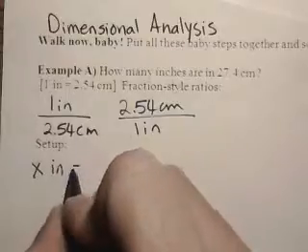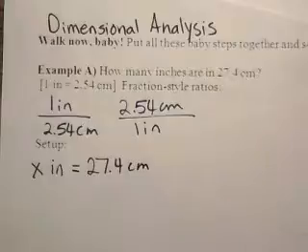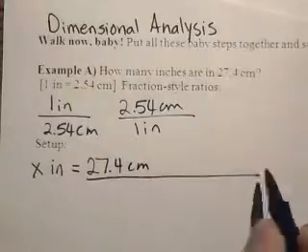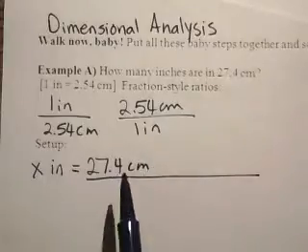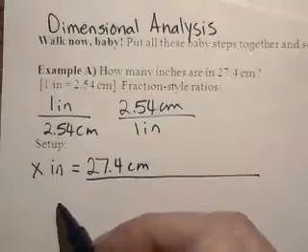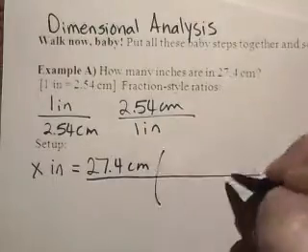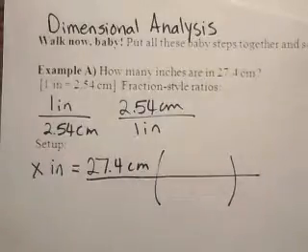And then we want to know how many inches is equal to the 27.4 centimeters that they're asking us about in the problem. This is part of a big numerator because back in the 8th grade we would have had one of these ratios on the other side of the equal sign. This 27.4 centimeters would have started out down here and been cross multiplied, and that's why it's part of a numerator. So now we got to pick which one of these ratios is going to help us in this situation.